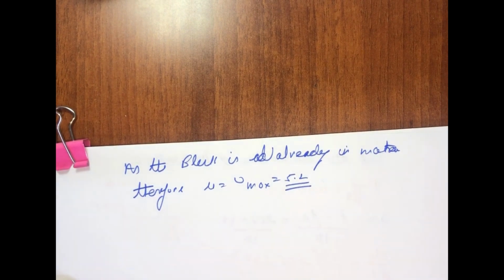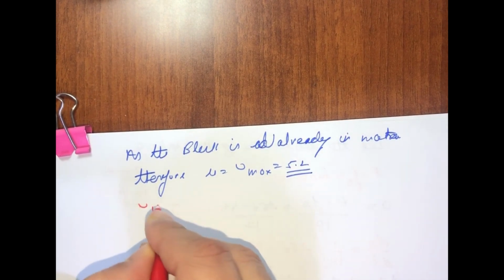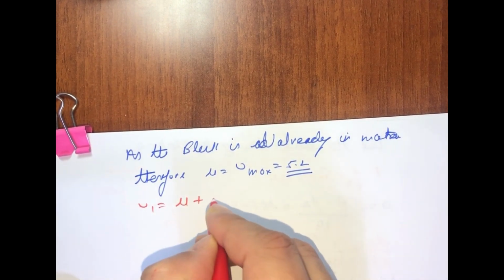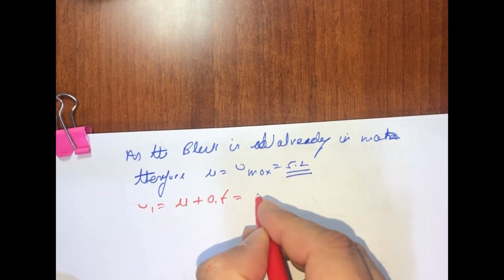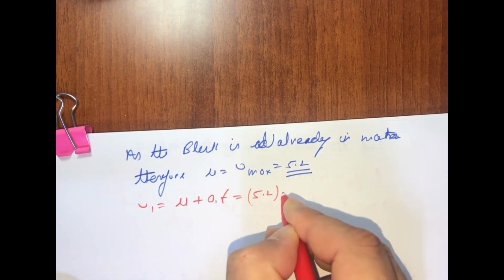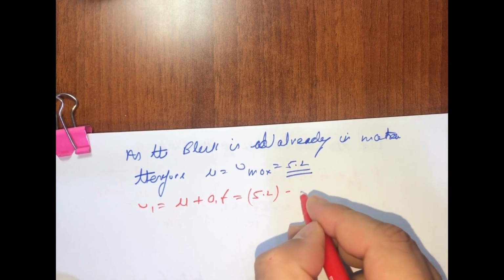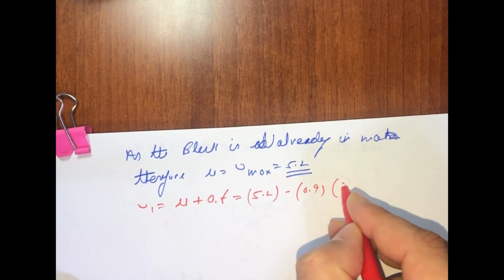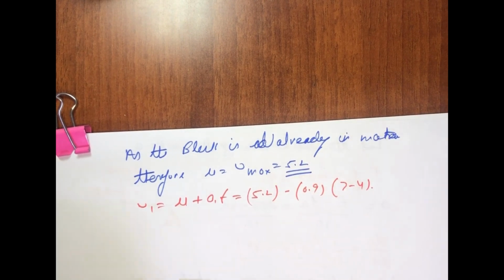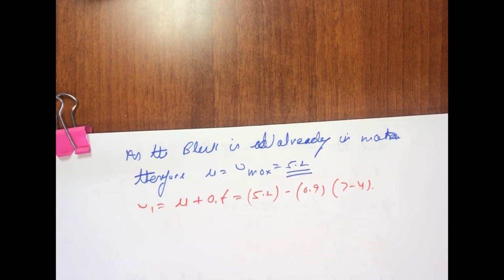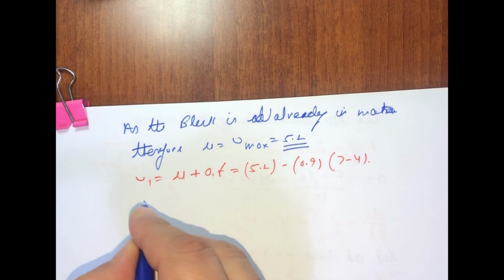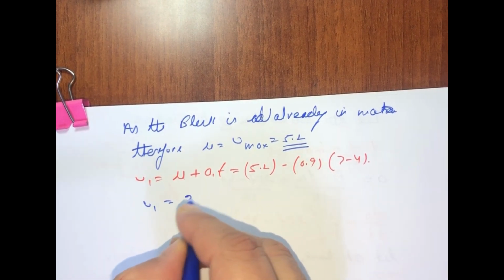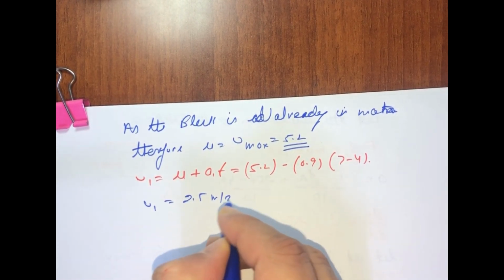So we can write that V1 is equal to u plus A1 t, and this is 5.2, this will be minus 0.9, and time will be 7 minus 4. So from here you can write that our V1 will be equal to 2.5 meter per second.